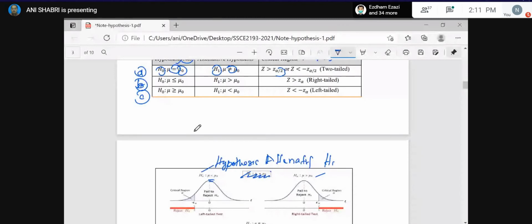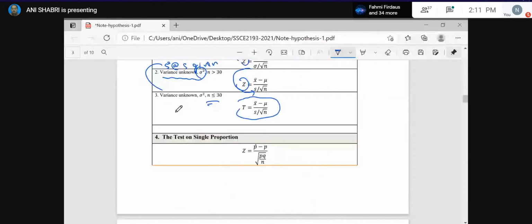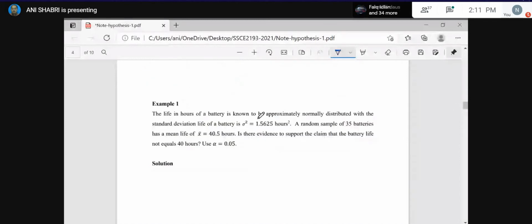The life in hours of a battery is known to be approximately normally distributed with a variance of 1.5 hours. Note that this is the variance, not the standard deviation.